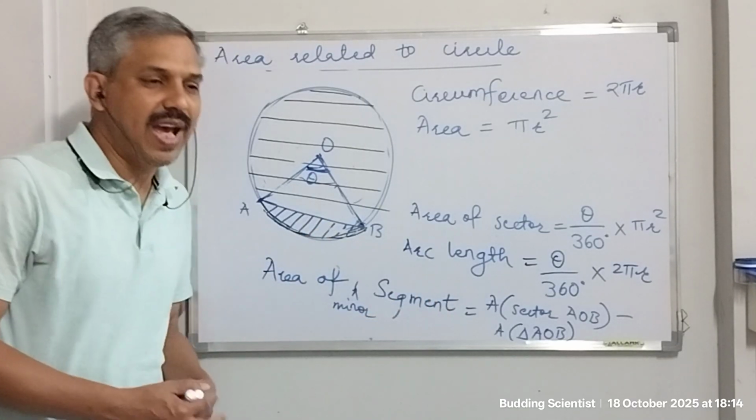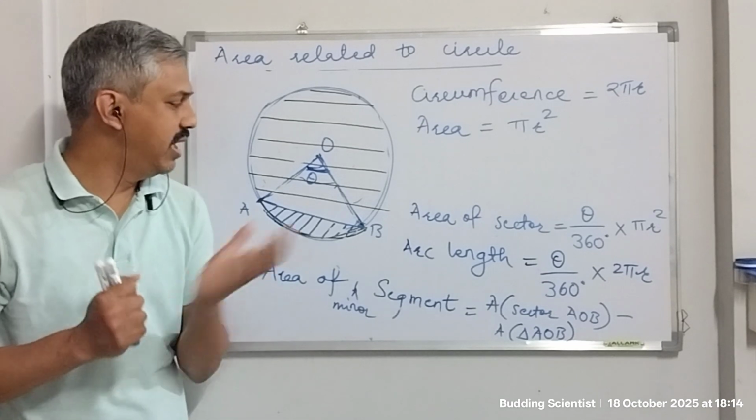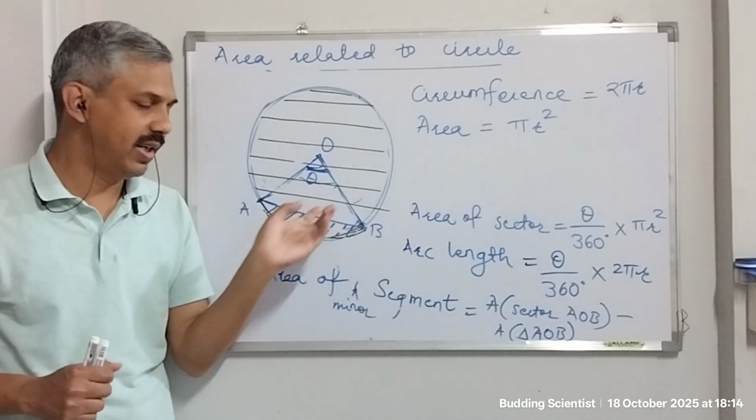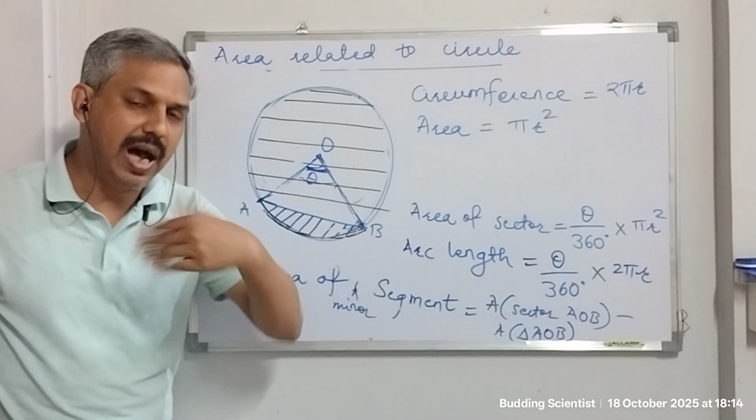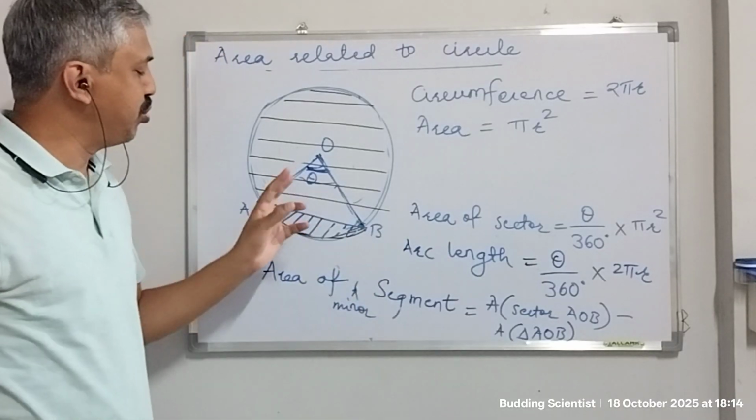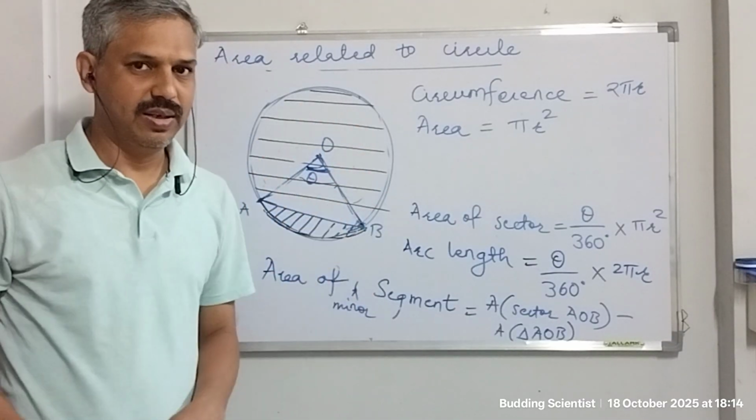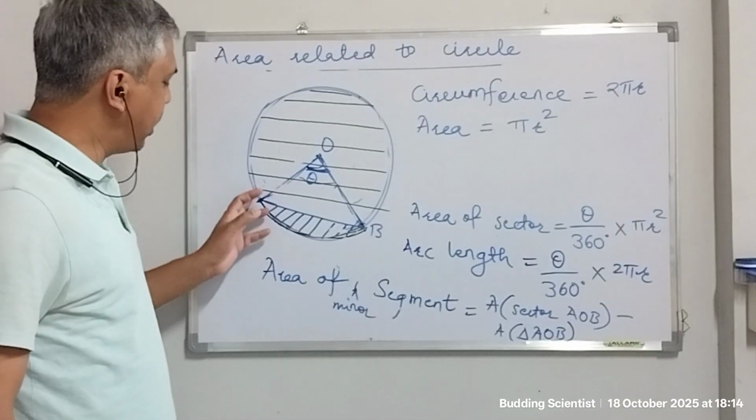Sometimes questions can come like: AOB is a sector, find out the arc length and area associated with the major sector. So arc length is also associated with the major sector.